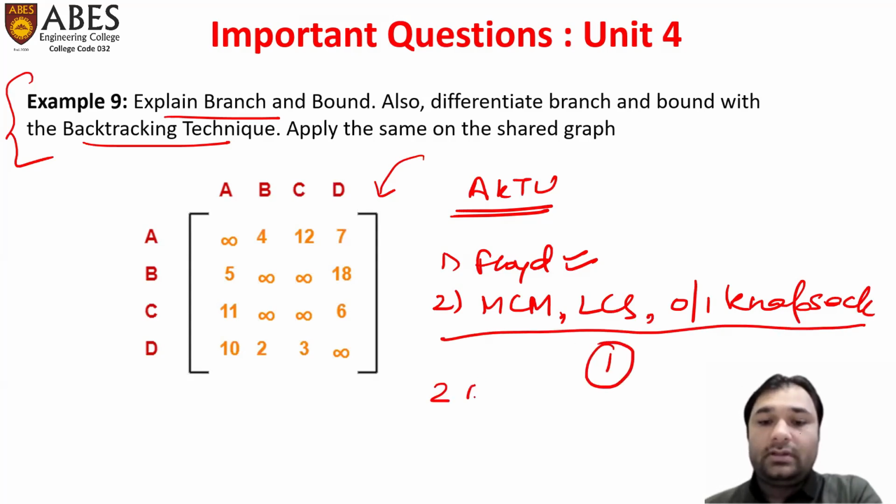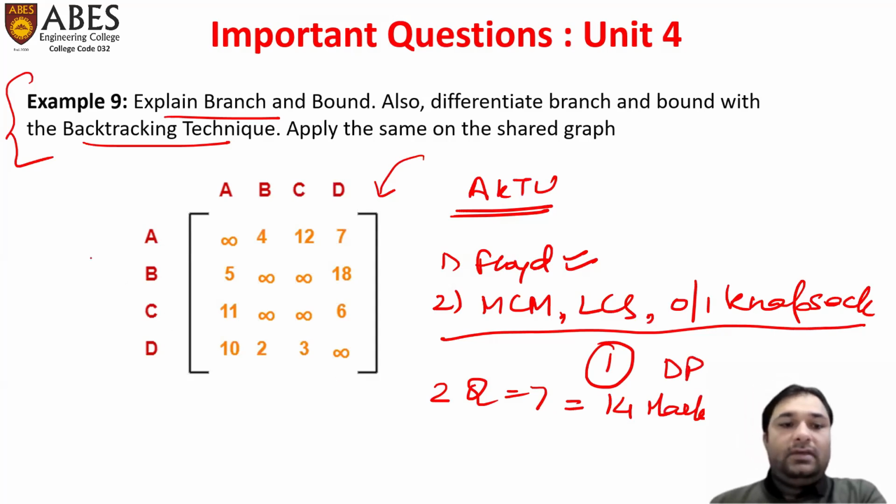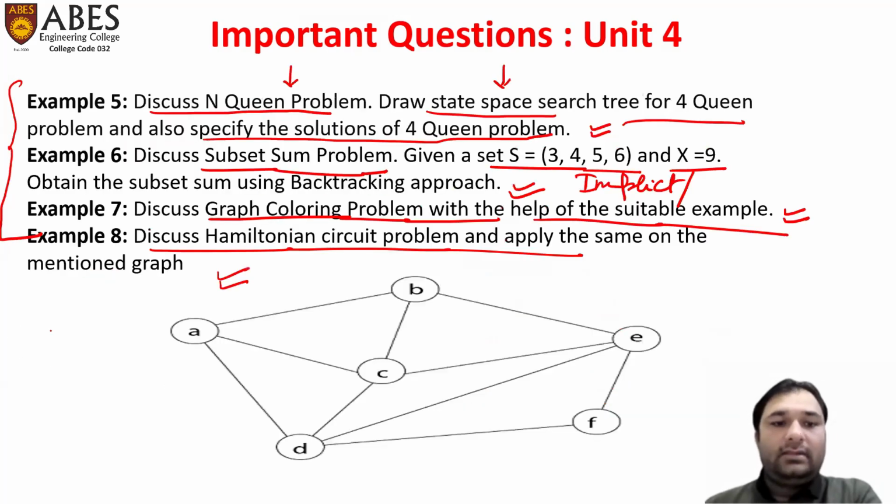So 2 questions of 7 marks will make a 14 marks question from DP. This is a mandatory question. This 7 marks question will always be asked in the university examination. And there are 2 problems which are asked for 7 marks.